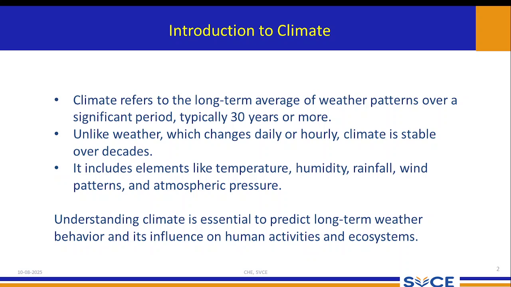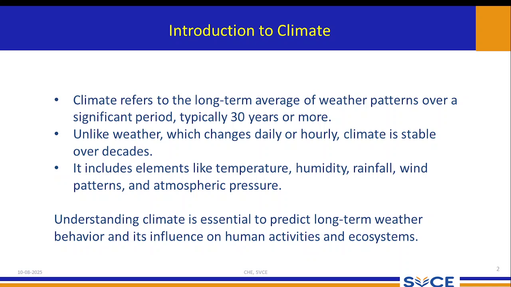In the last class I told you the difference between climate and weather. Weather is how it is at present, currently. Climate can be understood by knowing the weather pattern over 3 or 4 decades. That is the difference between climate and weather.